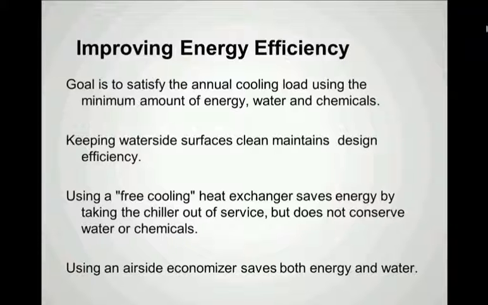We can also improve efficiency by using alternate methods such as a free cooling heat exchanger, which saves energy by taking the chiller out of service. This saves energy, but not necessarily water or chemicals, but it does have a dramatic impact on overall energy consumption.